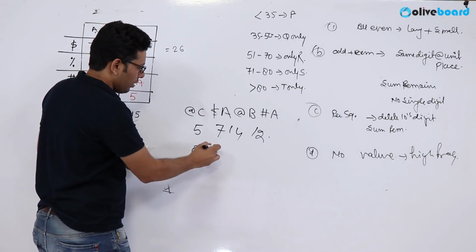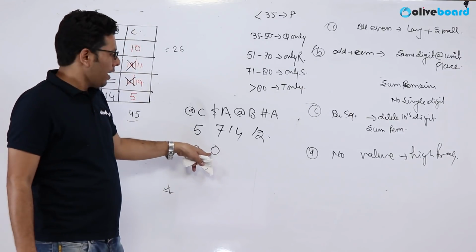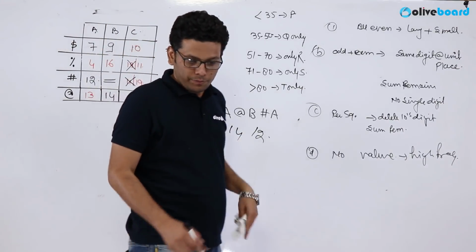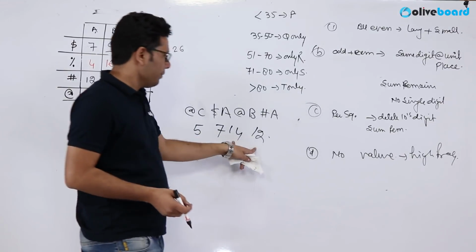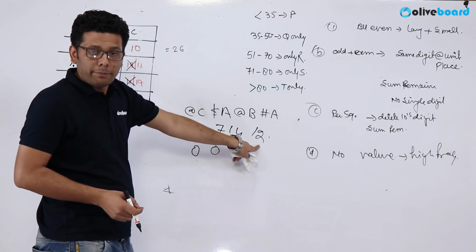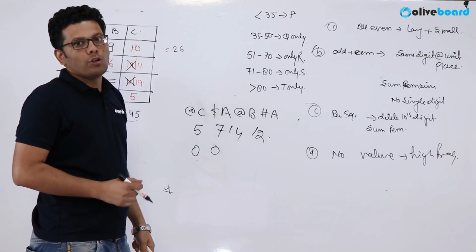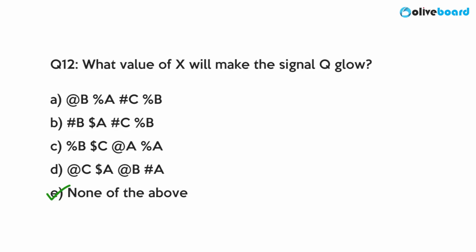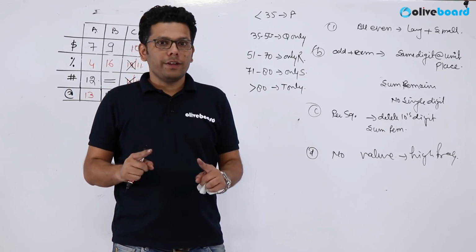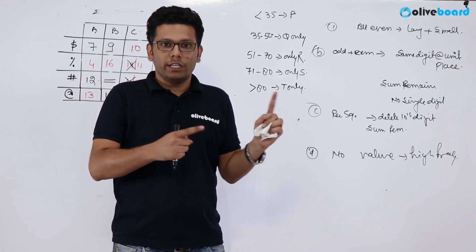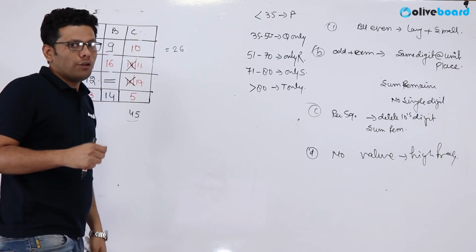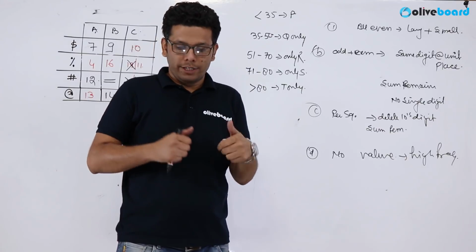So I need to put the 0 over here, and these do not have the same digit. So again the sum would be less than 35, so P would glow. So your answer would be E, none of these. So guys, this is the way we need to solve the questions. Okay, so let's move to the next question.